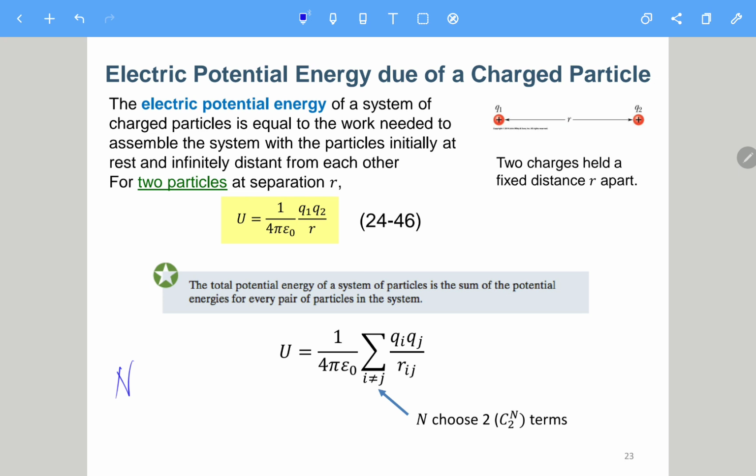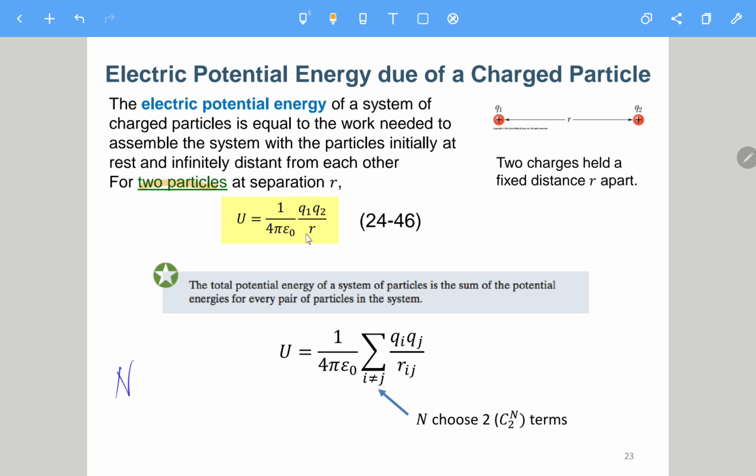So between every two charges, there will be some energy stored. For the two-particle case, at separation R, the energy will be U equals 1 over 4 pi epsilon naught, this is k, times Q1 Q2 over R.